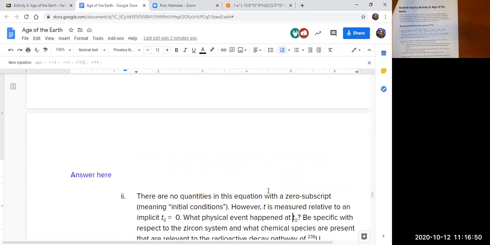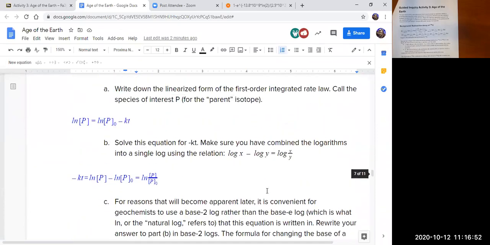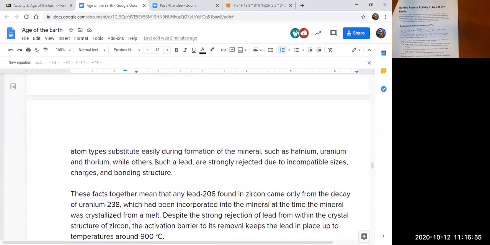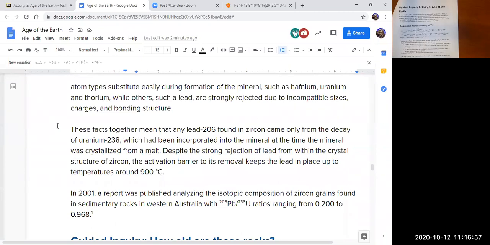For this, we need to back up to the background information, where we see that these facts together mean that any lead-206 found in zircon came only from the decay of uranium-238, which had been incorporated into the mineral at the time the mineral was crystallized from a melt.